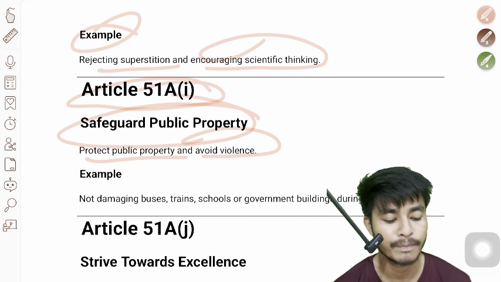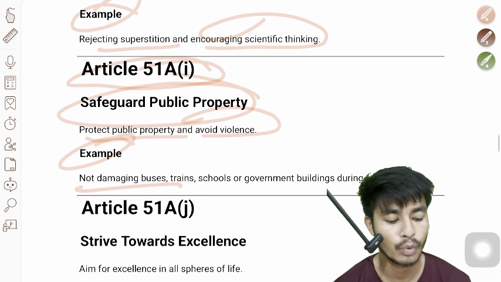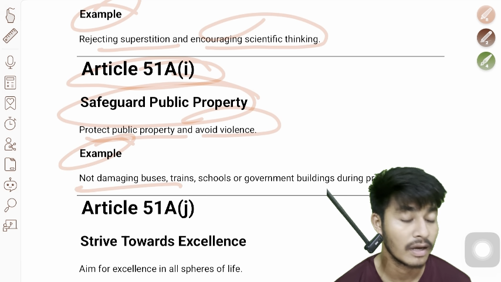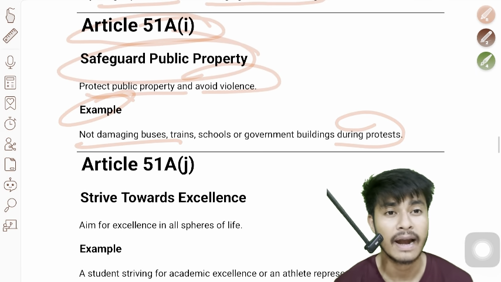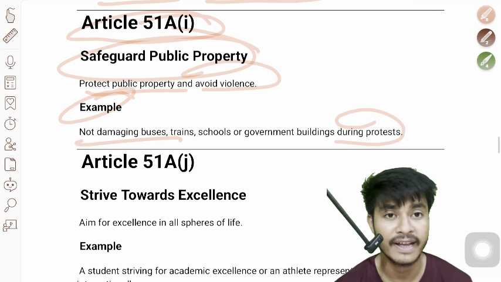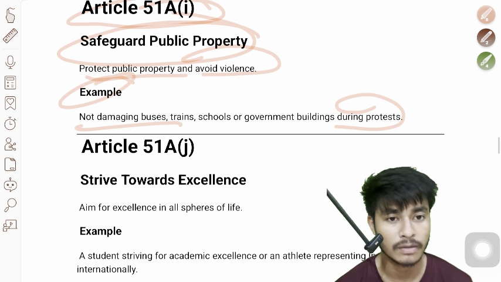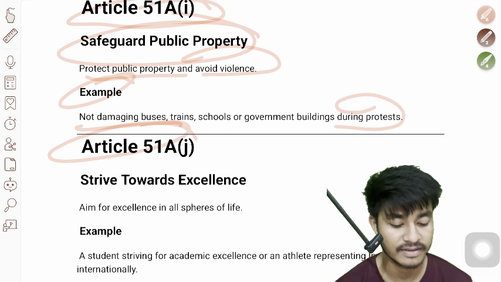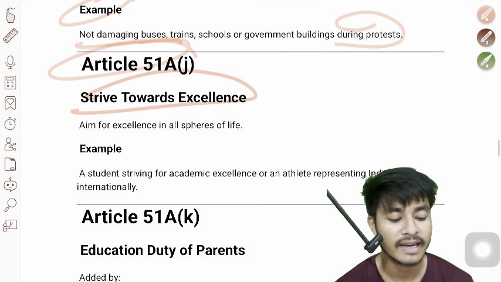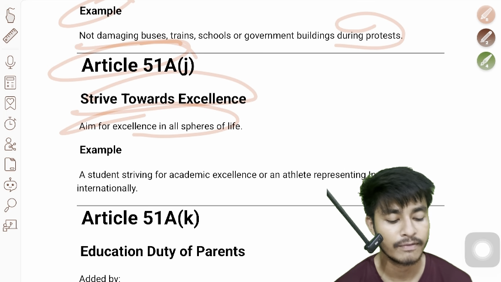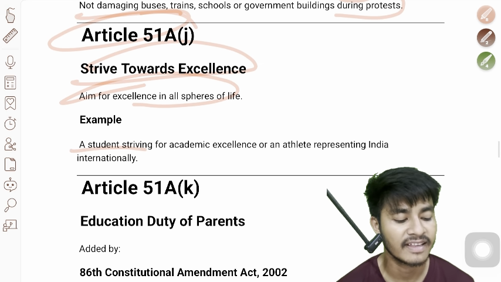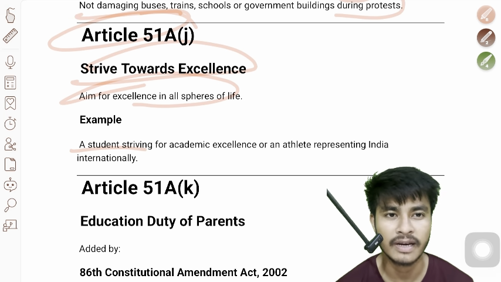Example: not damaging buses, trains, schools or government buildings during protests. And we'll move to the next one, Article 51A, subclause J. It talks about striving towards excellence, aim for excellence in all spheres of life. Example: a student striving for academic excellence or an athlete representing India internationally.